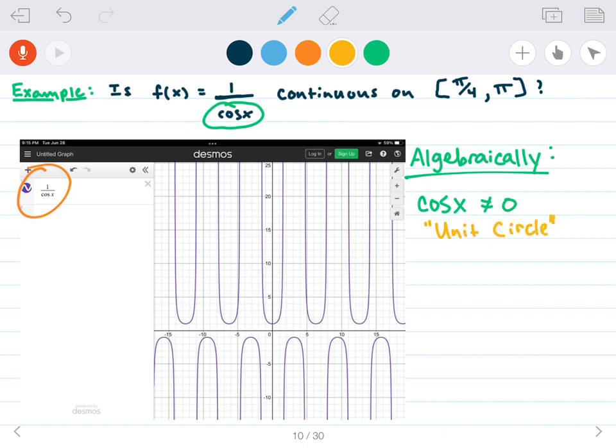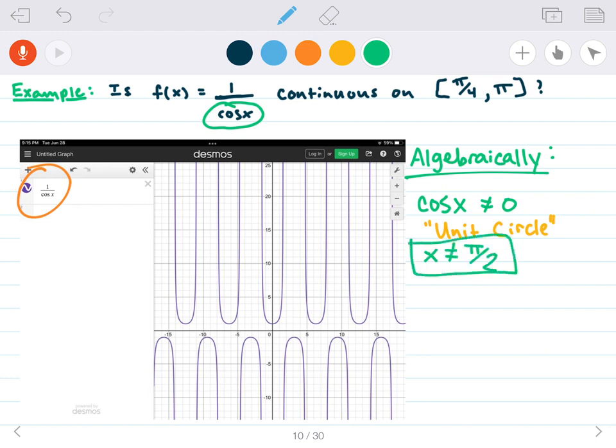Where is cosine x equal to 0 in the unit circle? Well, at pi over 2. Remember this? The unit circle, the x value is cosine. So this happens at pi over 2, which means that our excluded value is pi over 2. x cannot equal pi over 2.